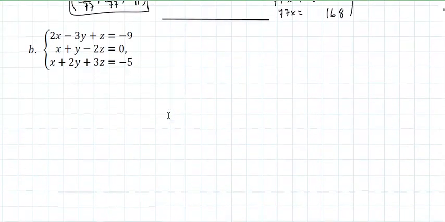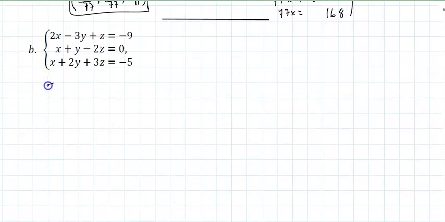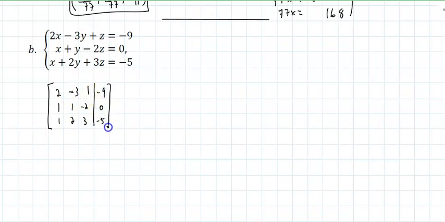If I take this problem and I write it in augmented matrix form, I'm looking at a 2, 1, 1, negative 3, 1, 2, 1, negative 2, 3, and a negative 9, 0, negative 5. My first goal is to make that a 0 and that a 0. So let me do that in one step.